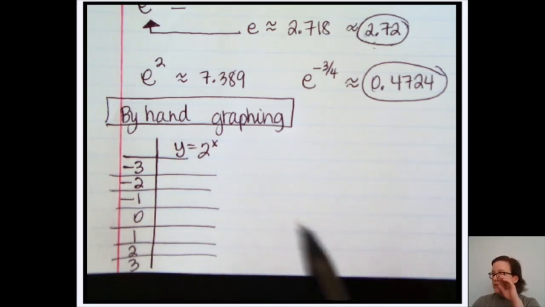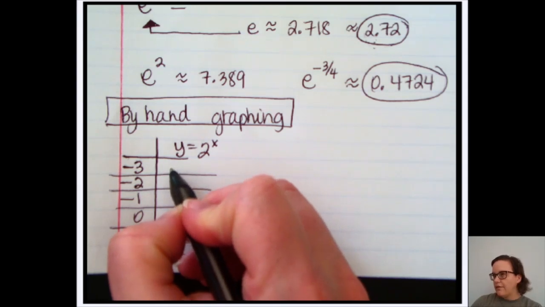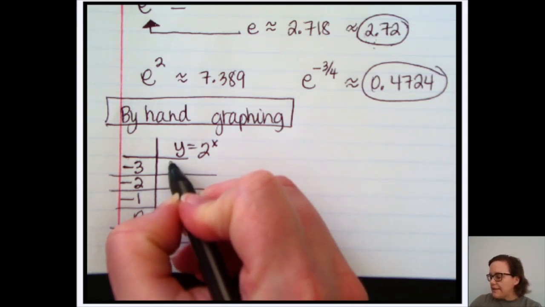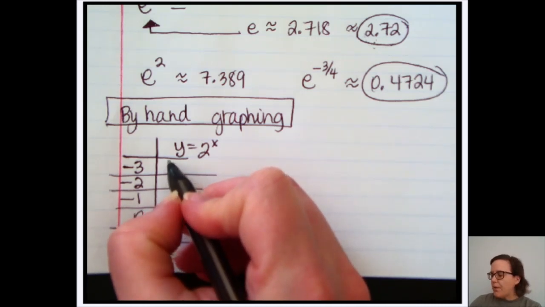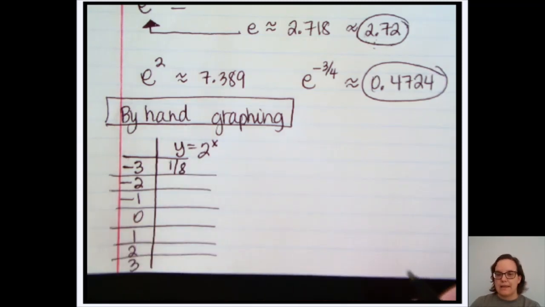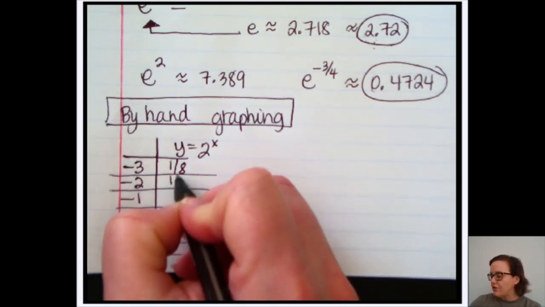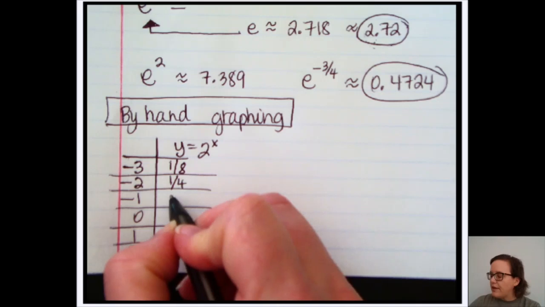So 2 to the negative third means we flip it and take it to the third power. So it'd be 1/2 to the third power, or 2 to the third and then flip it. Either way, it's 1/8. Then 2 to the negative second is just 2 squared and you flip it, so you get 1/4. 2 to the negative first would be 1/2.